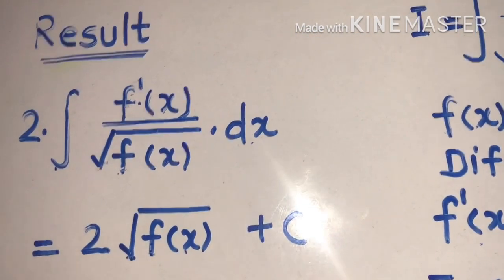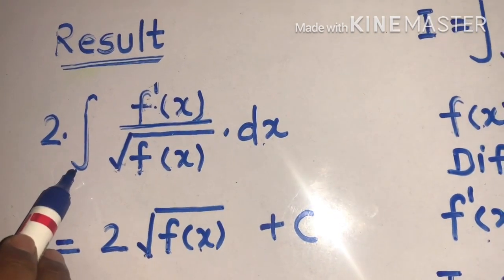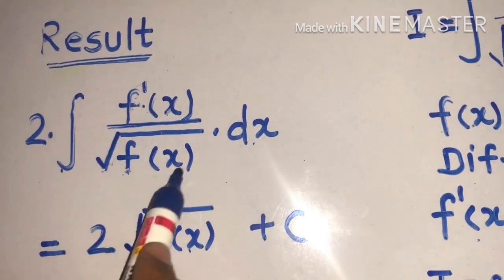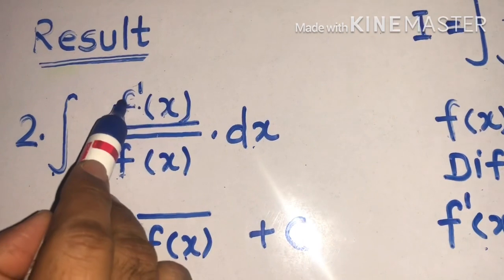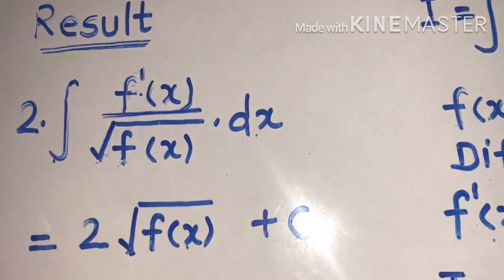Now we are going to take the second result. The second result is the integration of, in the denominator we have root of some function, and in the numerator we have a derivative of this function.